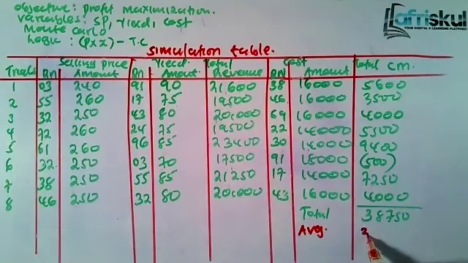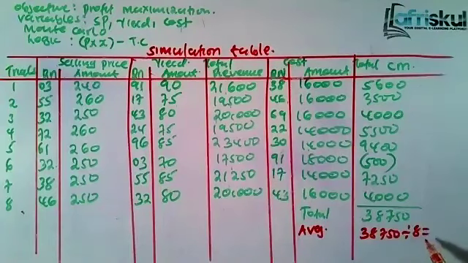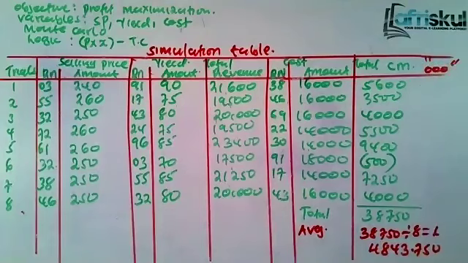So in this case, you get that 38,750. Then you have performed 8 trials. You divide by 8. Na utapata ngapi? So utapata approximately 4.84, ama 4,843.75 because our figures were in thousands. As simple as that.